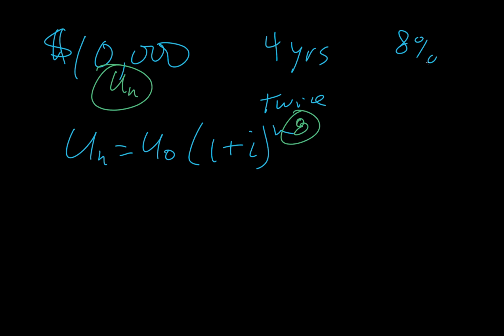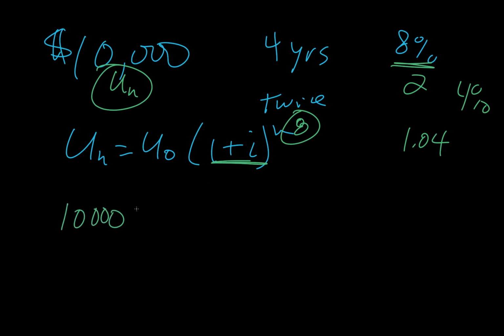And then this we need to divide by 2, and so we're going to get 4%. And so this piece is going to become 1.04. Alright, so we plug that all in. We get 10,000 equals u naught times 1.04, and then we're going to raise that to the 8.